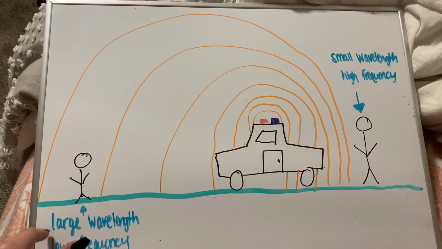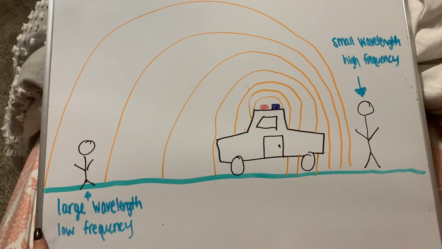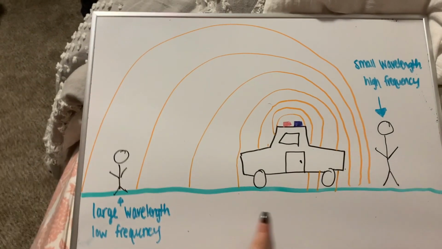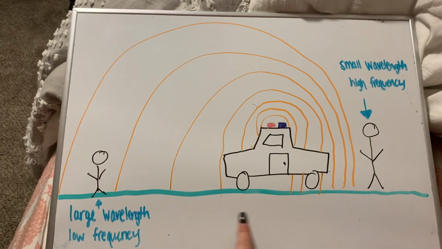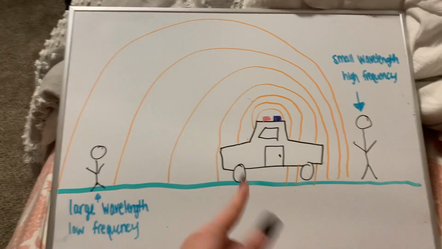But the farther you are away from the source, the larger the wavelength and the lower the frequency. So just depending on how far the cop car travels determines the size of the wavelength and how high or low the frequency is.